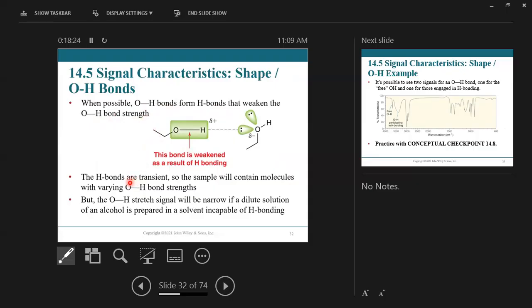And the hydrogen bonds are transient, so the sample will contain molecules with varying OH bond strengths. But the OH stretch signal will be narrow if a dilute solution of an alcohol is prepared in a solvent incapable of hydrogen bonding.